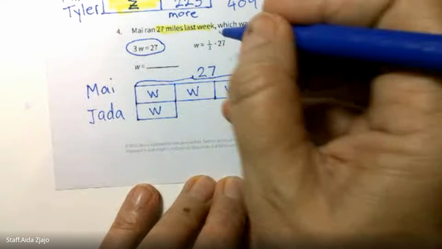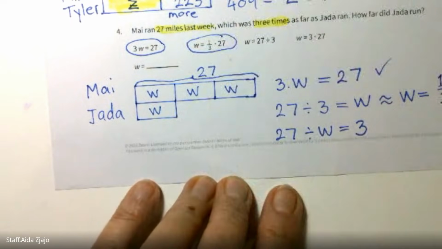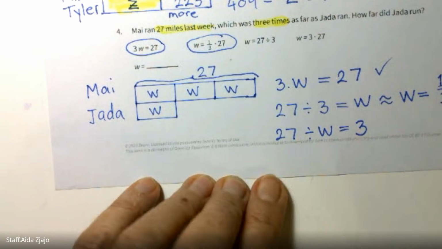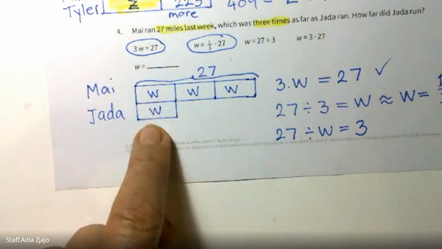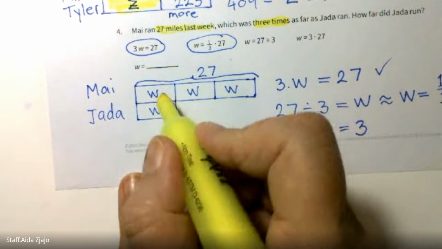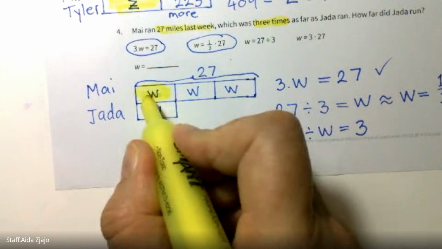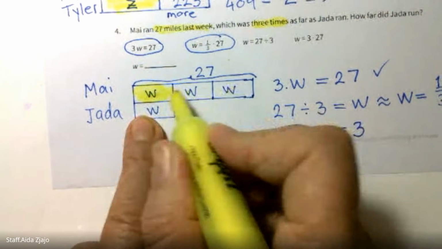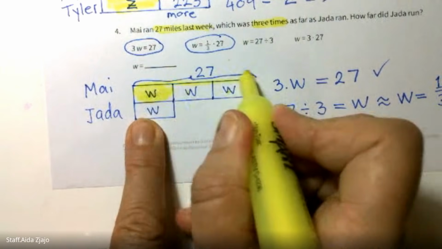That is also a correct equation, because W is 1 part of the 3 that makes 27.